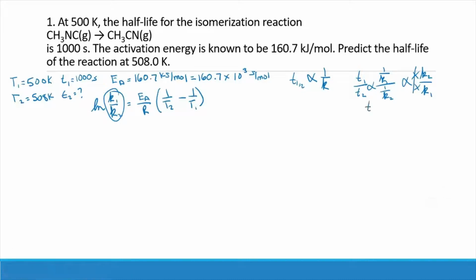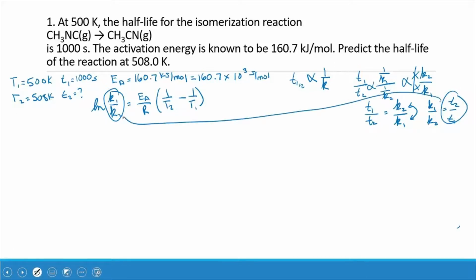So we can also say that the ratio of T1 to T2 is equal to the ratio of K2 to K1. In our equation, though, we have its opposite. So that means K1 over K2 is equal to T2 over T1. So now we can take this T2 over T1 and substitute it in for K1 over K2.